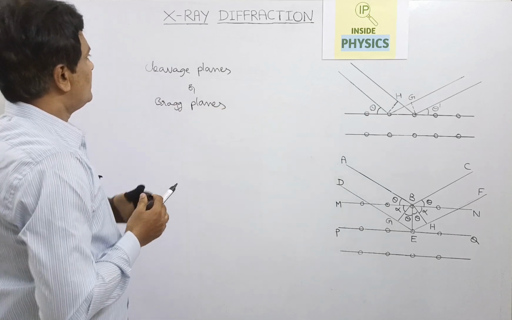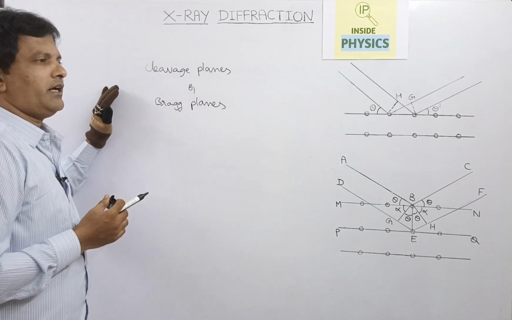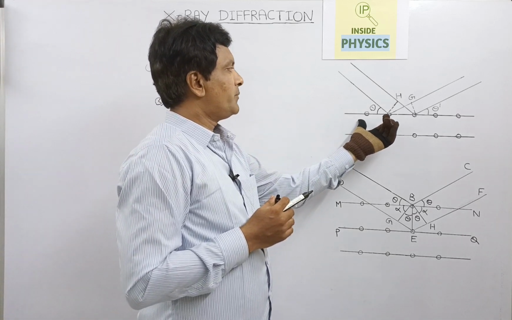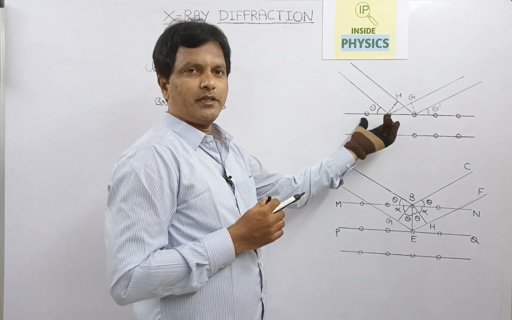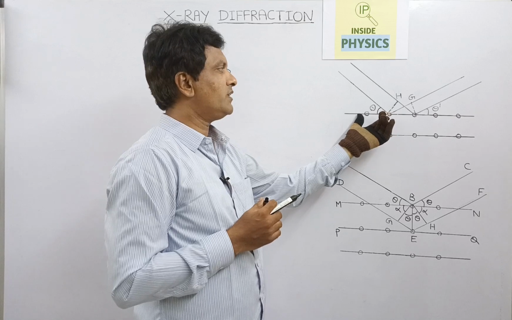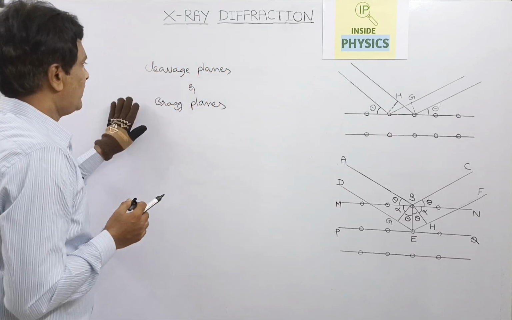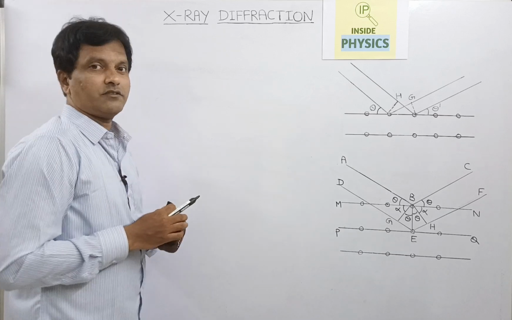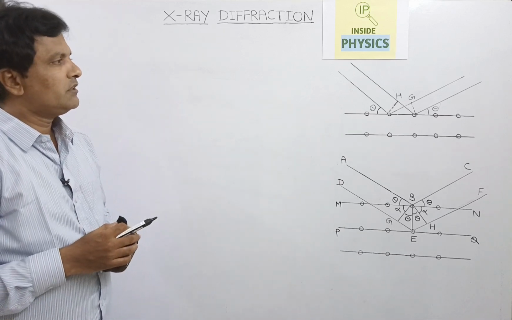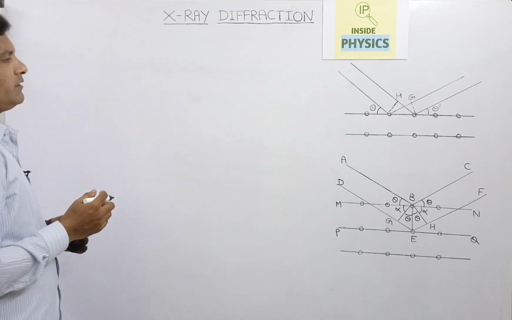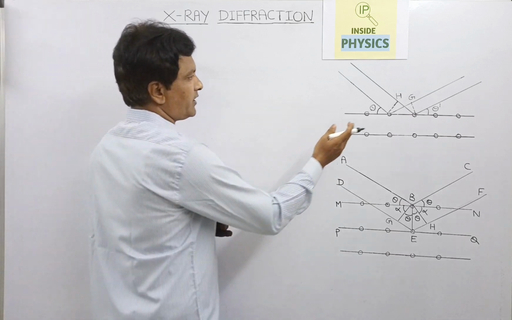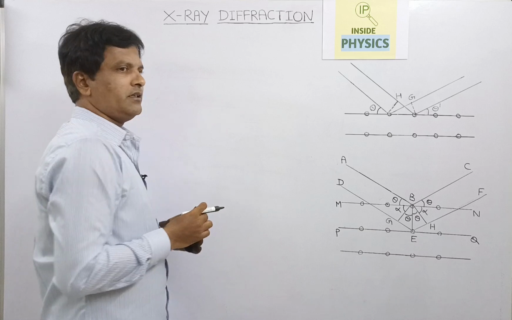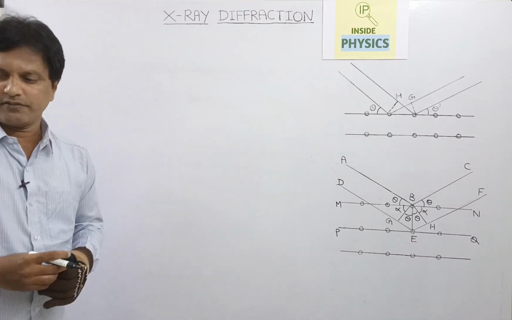These planes actually diffract the incident rays because the atoms are hit by the incident X-rays, and the atoms as lattice points are the cause of diffraction. In Bragg's treatment, the diffraction is considered as reflection.